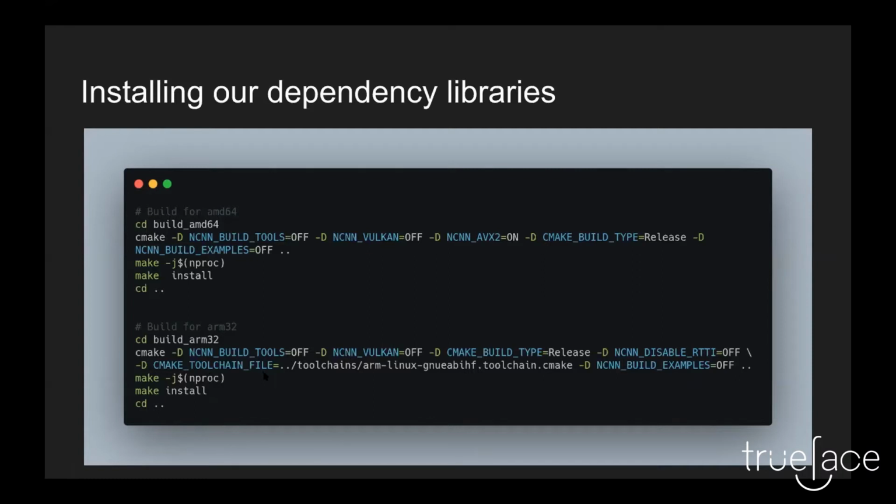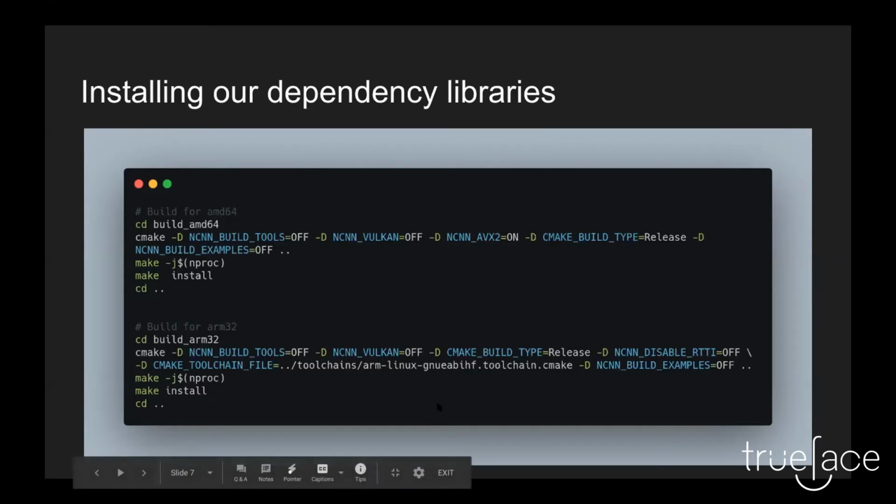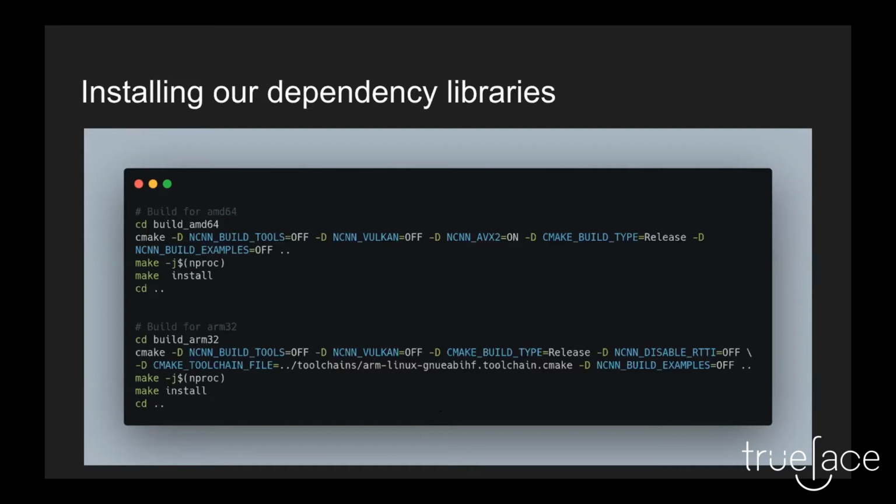Basically, it's telling CMake what cross compiler it should use in order to compile that library. So later in the presentation, I'll be touching more on what a cross compiling toolchain looks like. But for now, I just want you to see what one of the install scripts looks like. We have a similar build script for OpenCV. We can go ahead and run these, and now we should have all our dependency libraries installed.